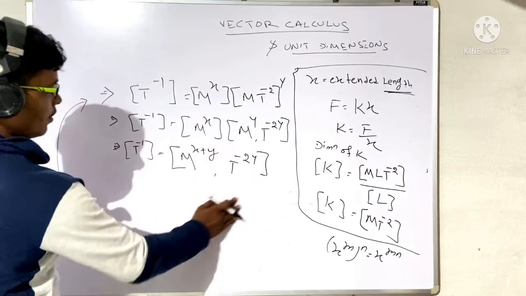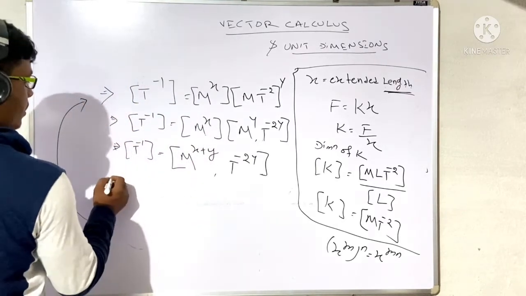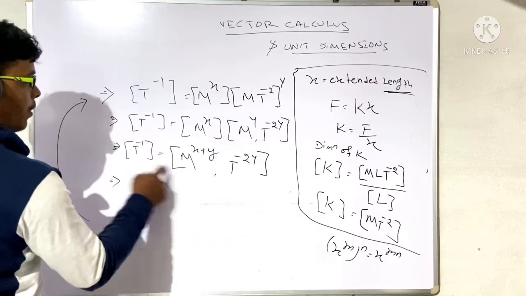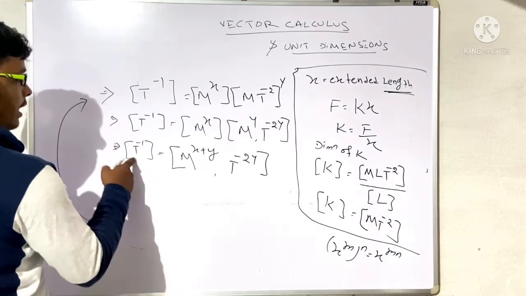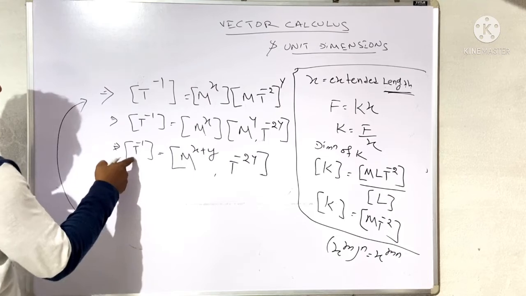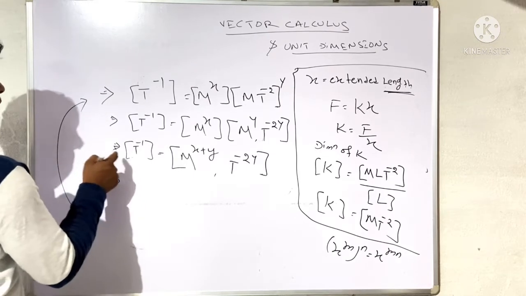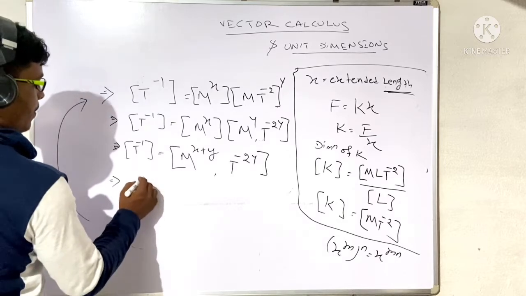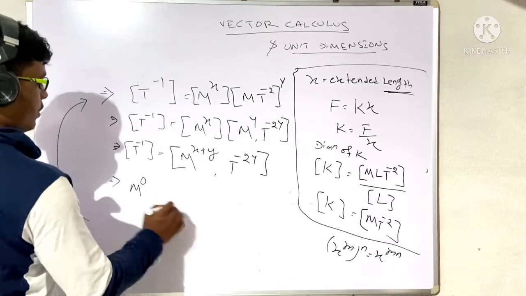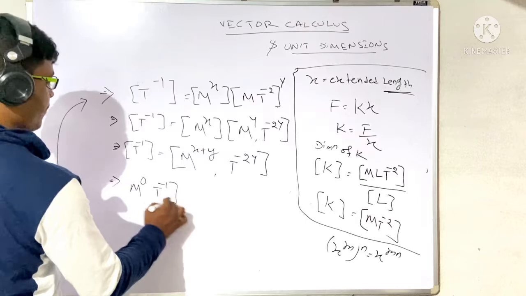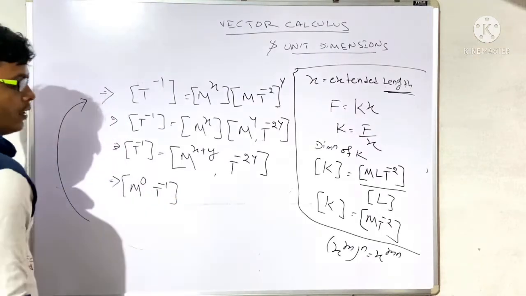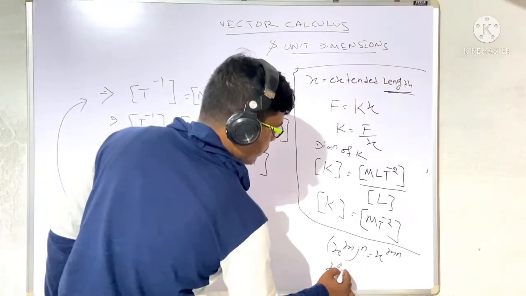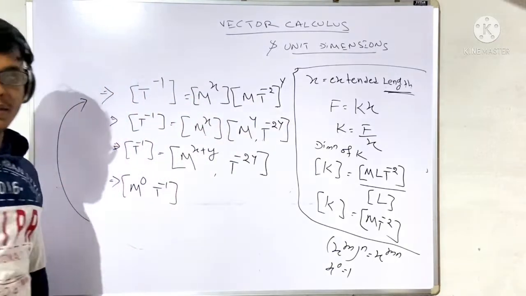Now what will happen? What are we comparing from this? There is no M term on the left, so this is M^0. We can write M^0 and only T^-1, because x to the power 0 is 1. Remember, anything to the power 0 is 1.